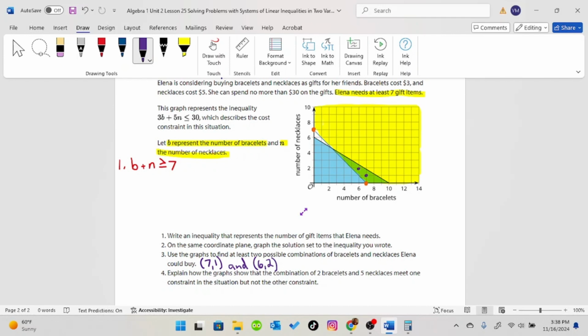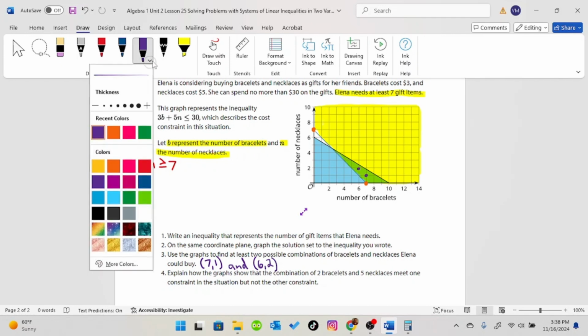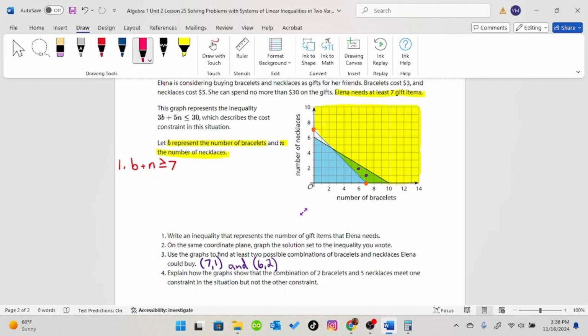Number 4. Explain how the graphs show that the combination of 2 bracelets and 5 necklaces meets one constraint in the situation, but not the other. So let's see where this lands us. If we go over to 2 bracelets and up to 5 necklaces, we find ourselves right here.